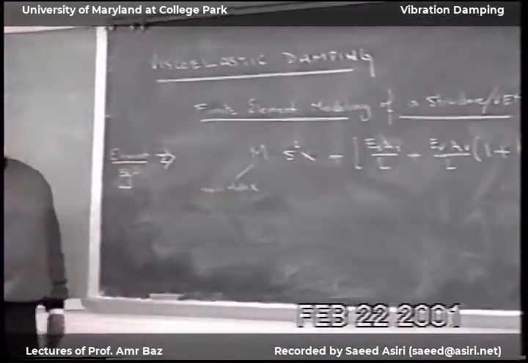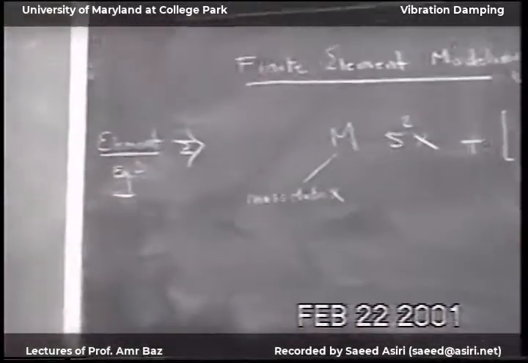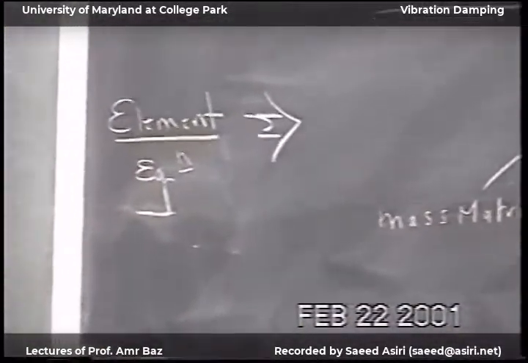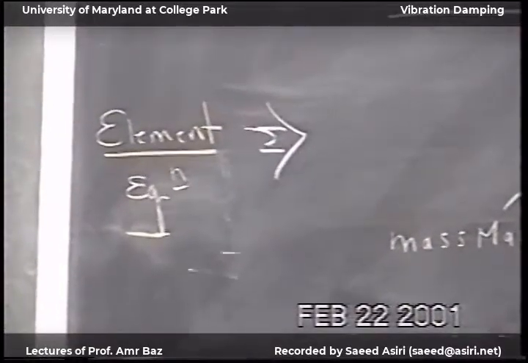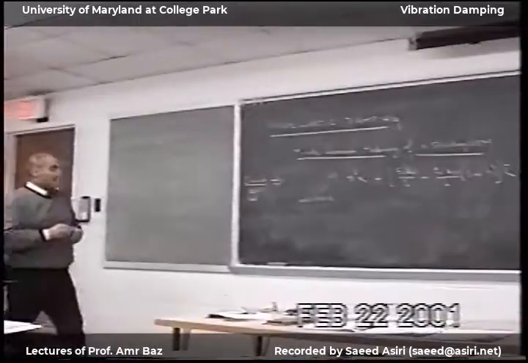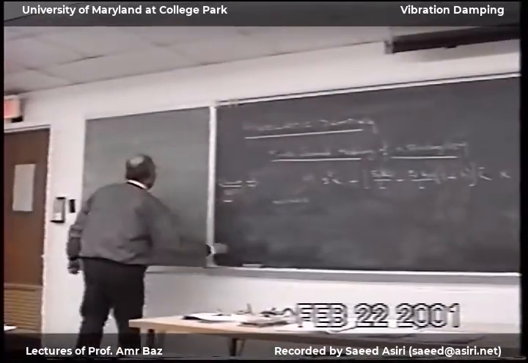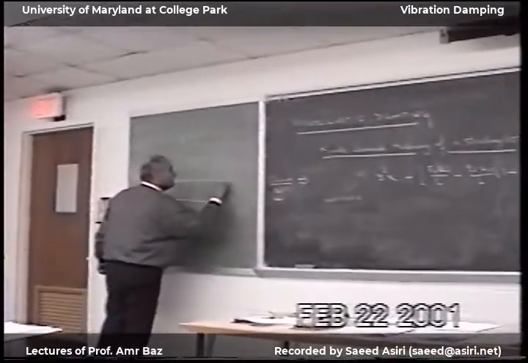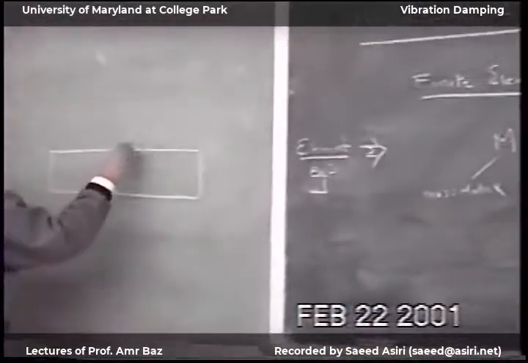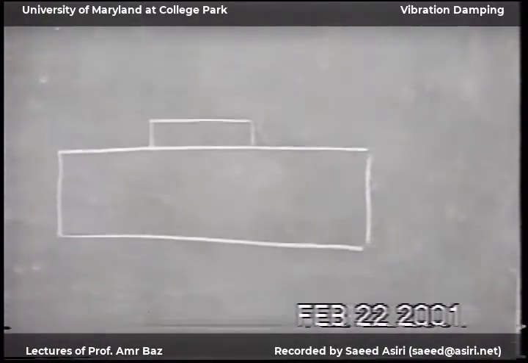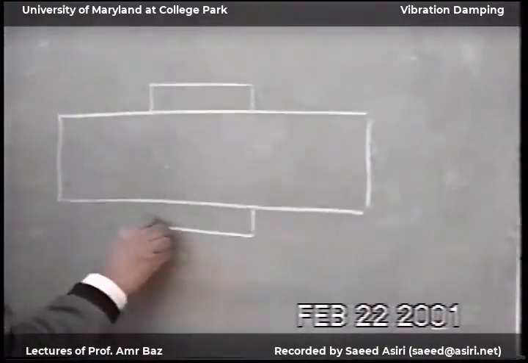Element equation, because my structure can have many elements, only maybe one or two are covered with viscoelastic material, because I don't want to cover everything with viscoelastic material. You cannot, okay? So our structure is like this, and we only have a small portion of the structure covered by the viscoelastic material.